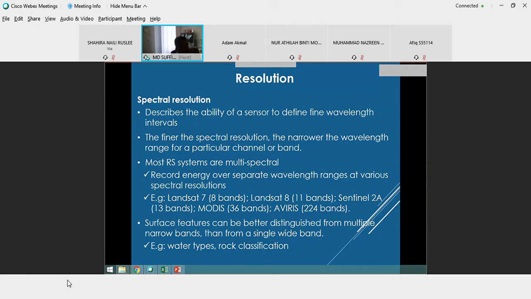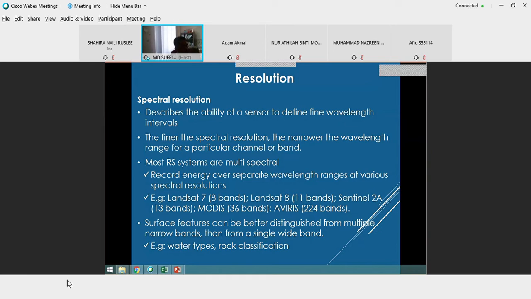So surface features can be better distinguished from multiple narrow bands than from a single wide band. Okay, kalau you ada single wide band, katakan daripada 400 hingga 500, dia cuma bagi satu information saja. It's a very wide band. Seperti yang saya terangkan, setiap objek, they have very unique properties in terms of light properties.